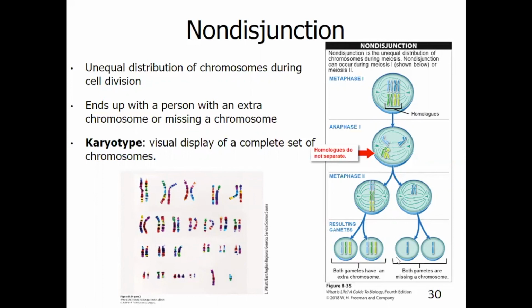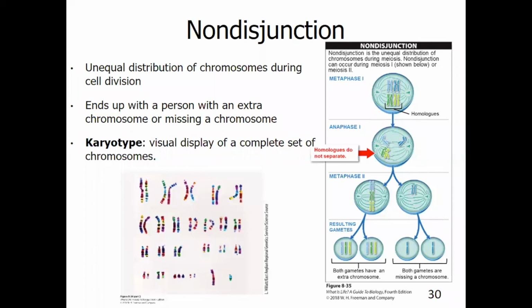On the left-hand side, we see these gametes have 3 chromosomes each. These gametes have an extra chromosome. They should have 1 blue and 1 green, but they have 1 blue and 2 green, again, because the green homologous chromosomes failed to separate correctly during anaphase 1.